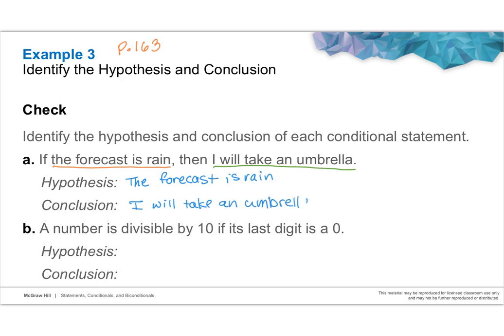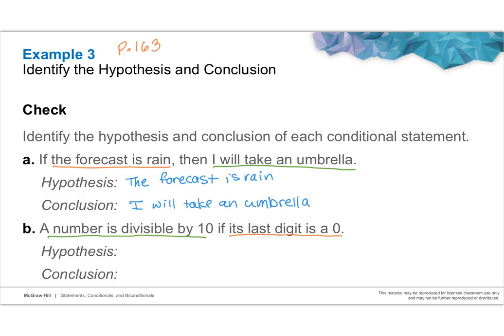The second conditional statement is a number is divisible by 10 if its last digit is a 0. And here we again have if a little later in the sentence. So this part here would be my hypothesis. And that makes this part my conclusion.